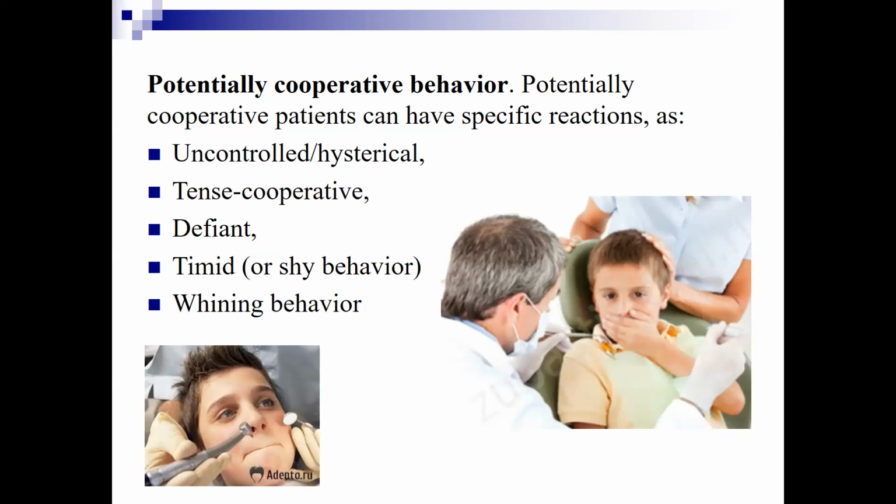When a child is characterized as potentially cooperative, the clinical assessment is that the child's behavior can be modified. That is, the child can become cooperative. Potentially cooperative children require behavior modification procedures.